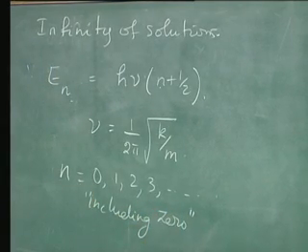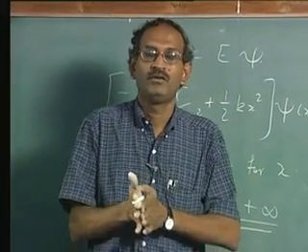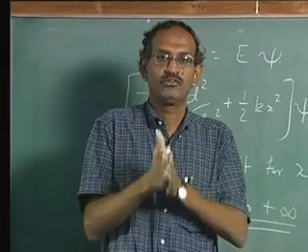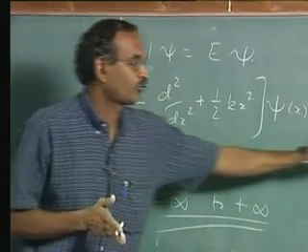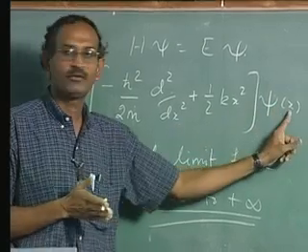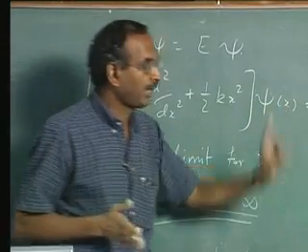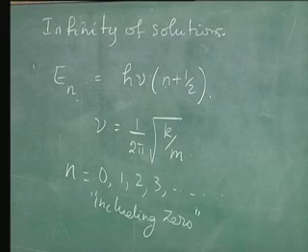In the particle in a box, n equal to 0 was not an acceptable solution because that led to a wave function which is 0 everywhere, a trivial solution. But in the case of the harmonic oscillator, n equal to 0 does not give you a trivial solution, it still gives you a finite solution. We will see that.